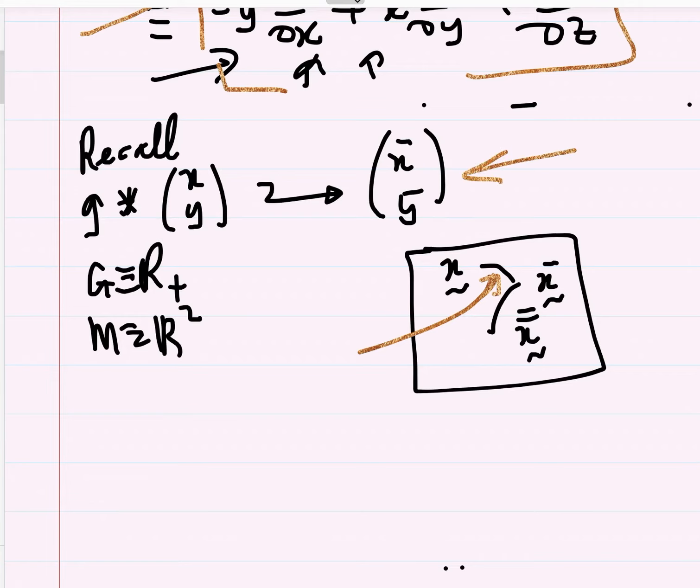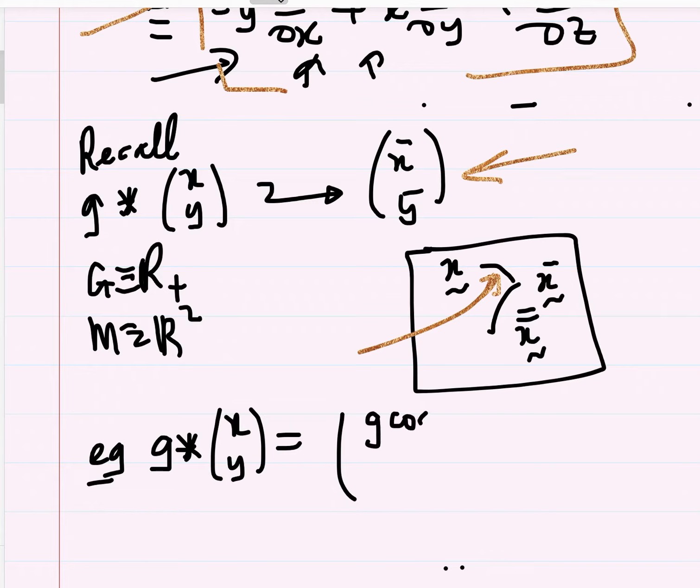So, for example, when g acts on that example x, y, giving you, say, x cosine g minus y sine g.